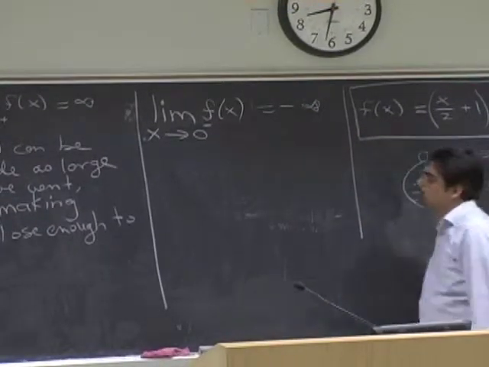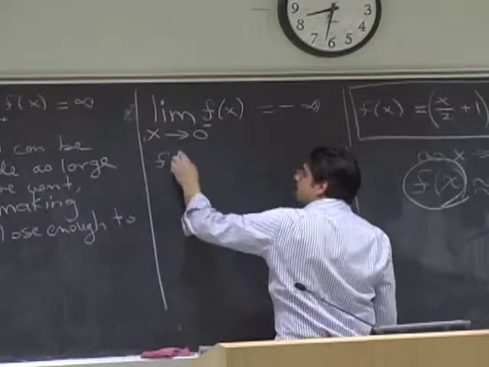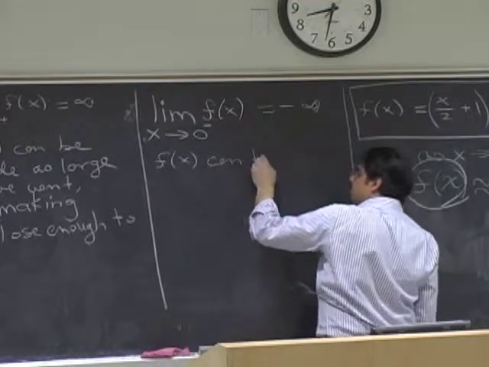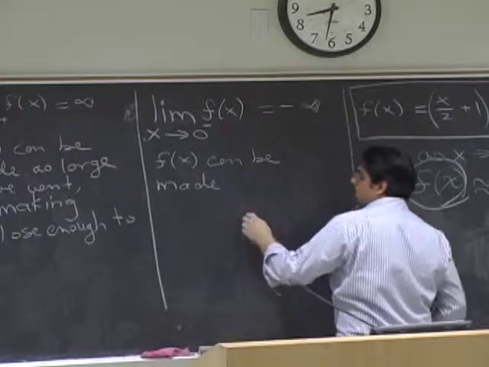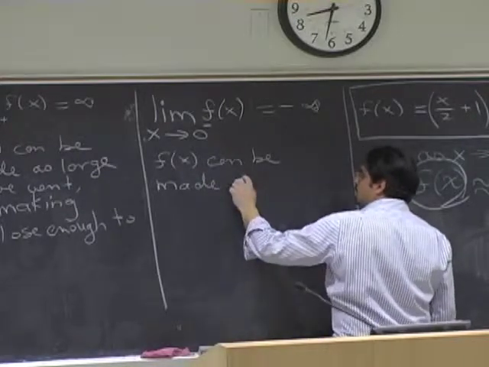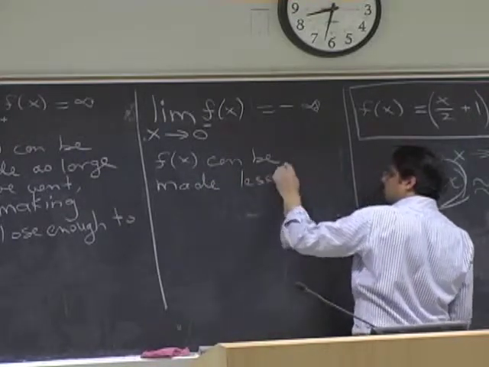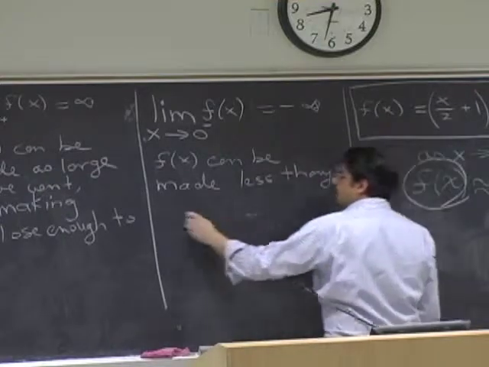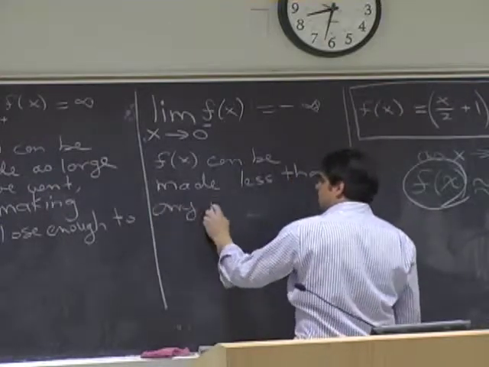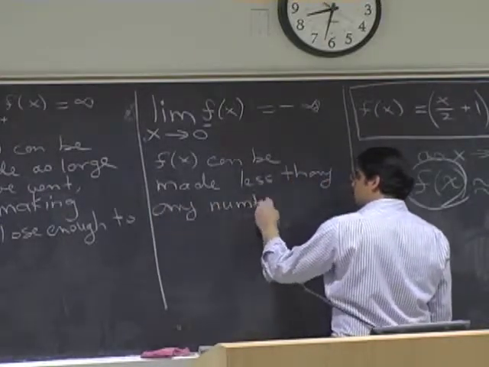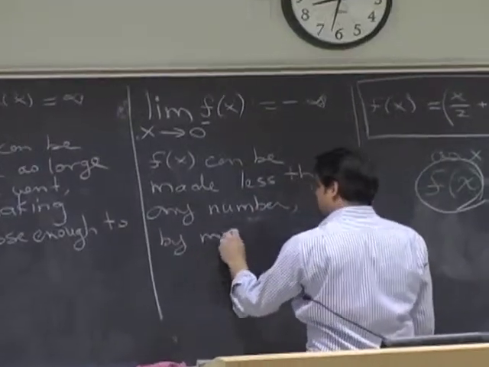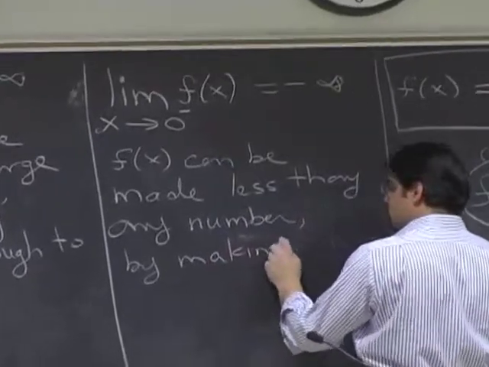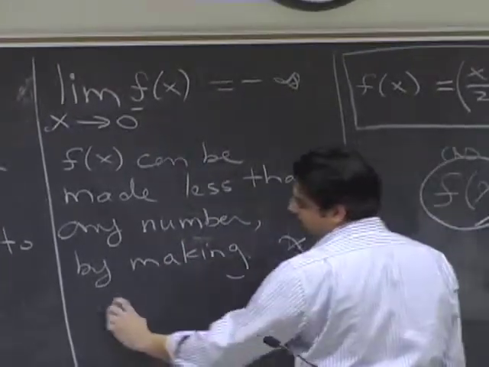Okay? And in words we can say f of x can be made less than any number by making x close enough to 0.